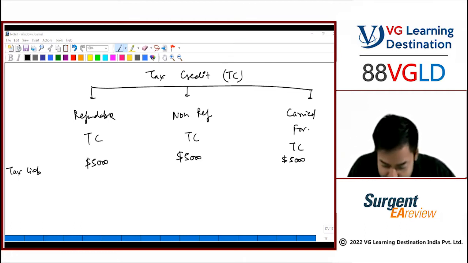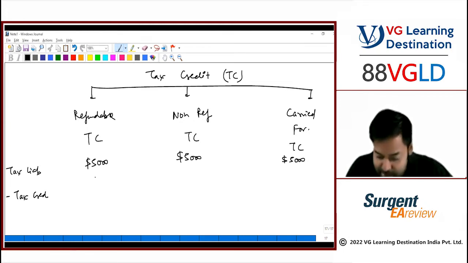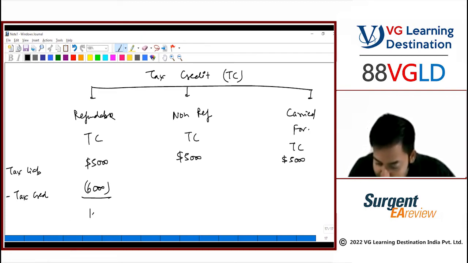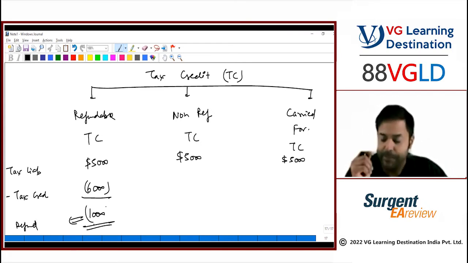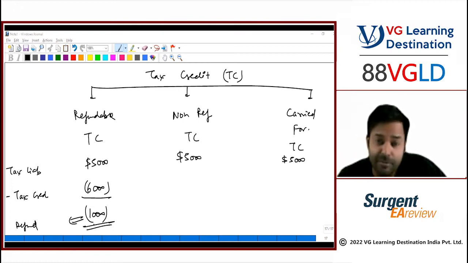And your tax credit is a refundable tax credit of, let's say, $6,000. In that case, you will get a refund of $1,000.